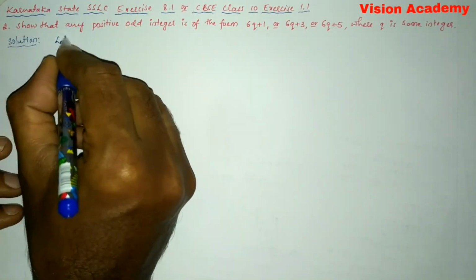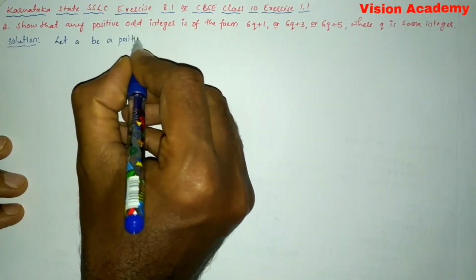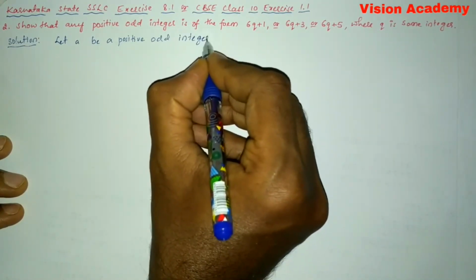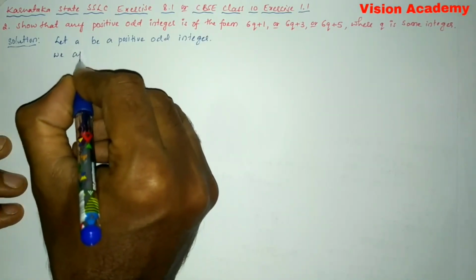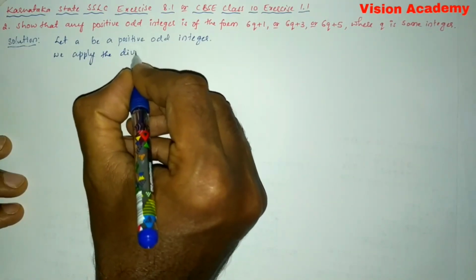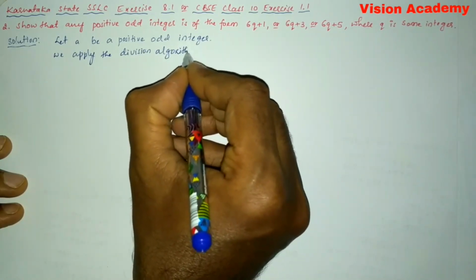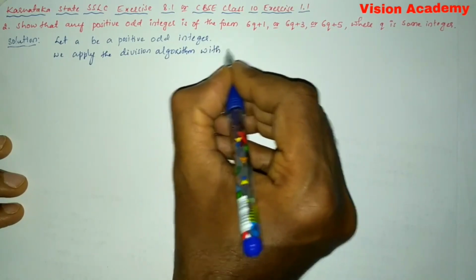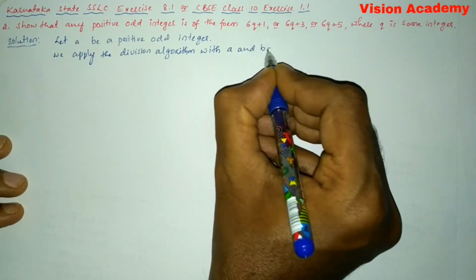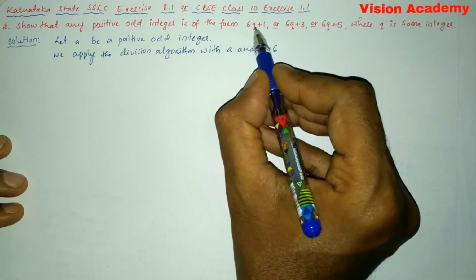Now let a be a positive odd integer. Here we apply the division algorithm with a, that is the dividend, and divisor b equal to 6, because here they have given in the question 6q plus 1.